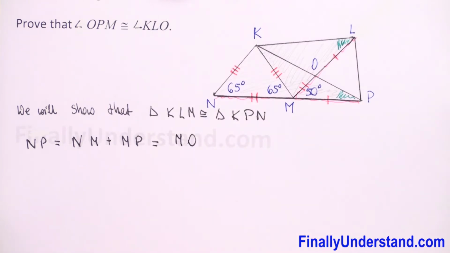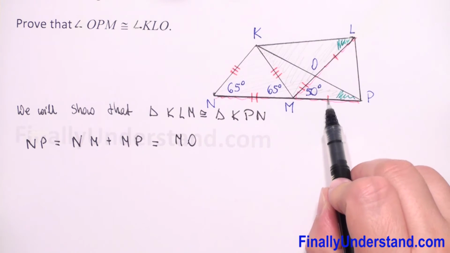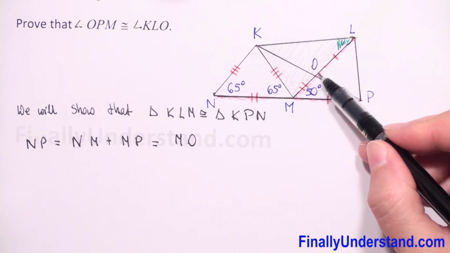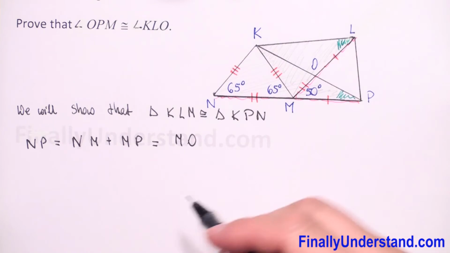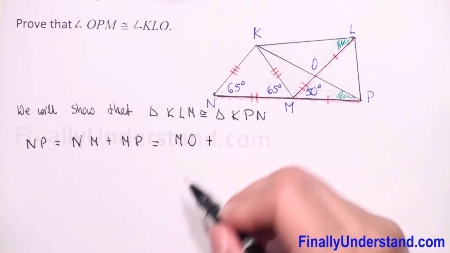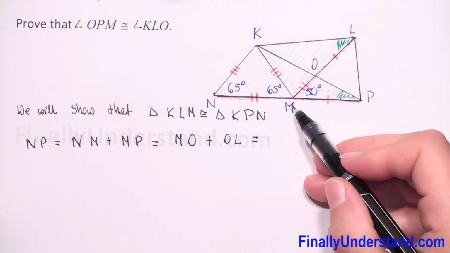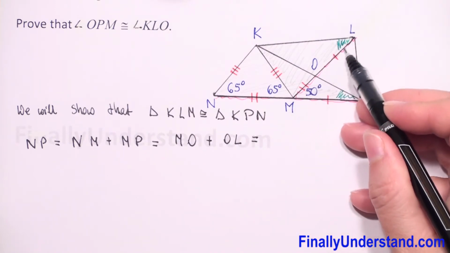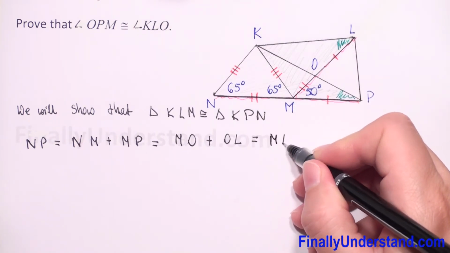MO. What else? MP has this one red mark. It means that this side is congruent to OL because this side has one red mark too. So we have plus OL, and this is equal MO plus OL, which is equal to this whole segment, ML.